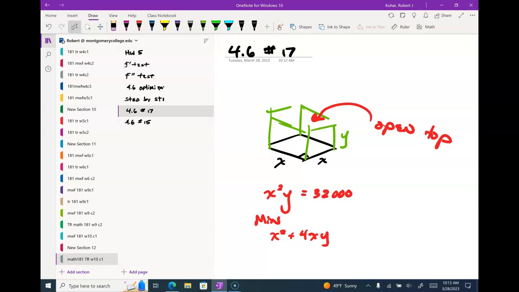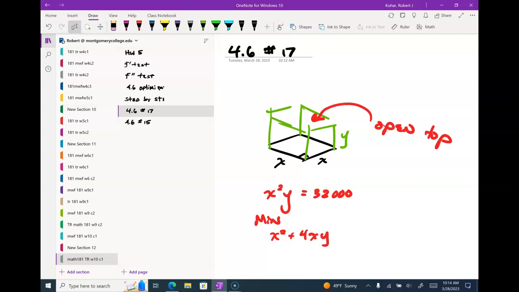Yes, you okay with this? It's the 5 sides of the box, right? The base is x by x. All of the other 4 sides are x by y's. Everyone okay here? So I had a picture. From the picture and from the information, I figured out an equation and an expression, right?